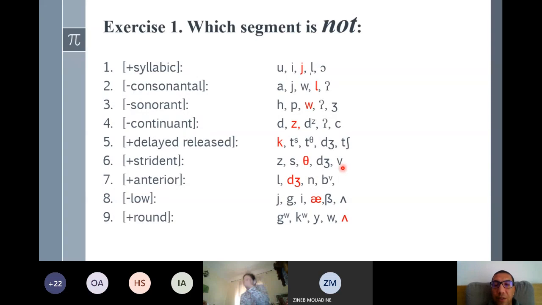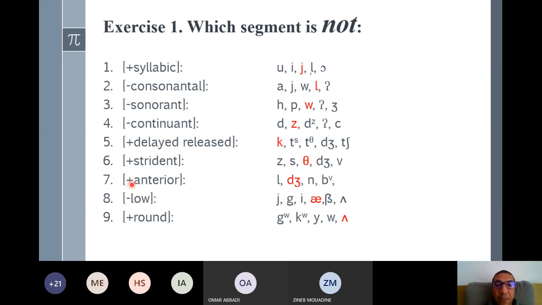All fricative consonants that are coronal, and especially the s and z and post-alveolar j and the interdental, the labiodental v, are all plus strident except for the th and the v, which are minus strident.